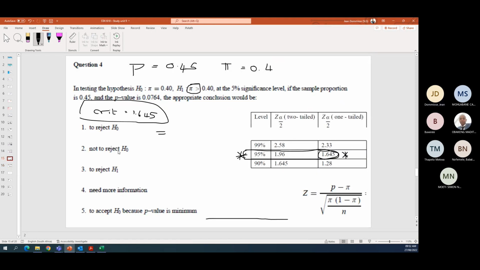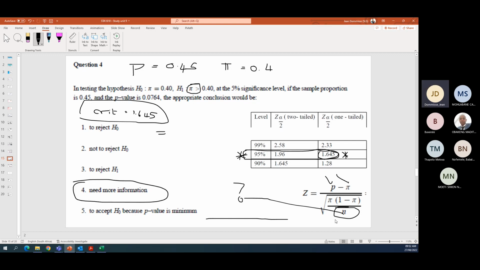Okay, so what we need for the t-stat is we've got the p, but nowhere here is an n. So nearly the logic says to me, I need more information because I don't know the n.